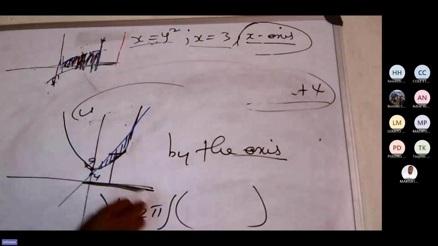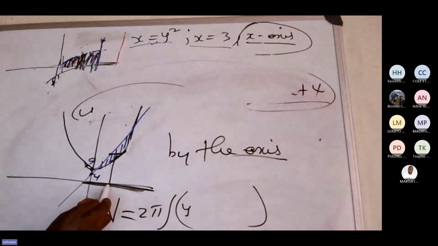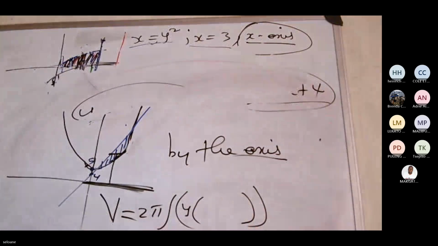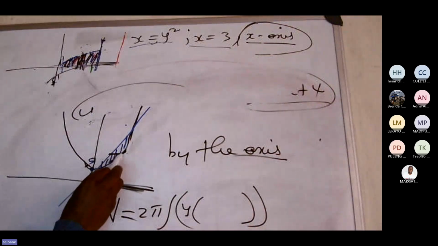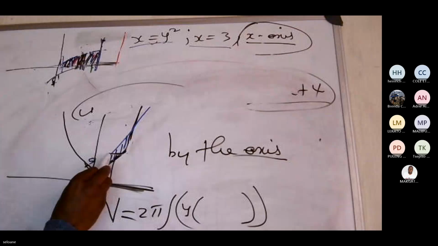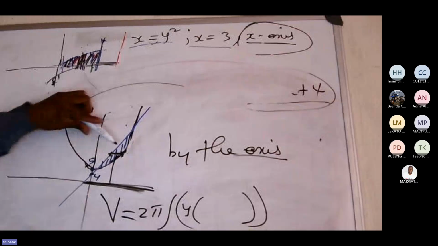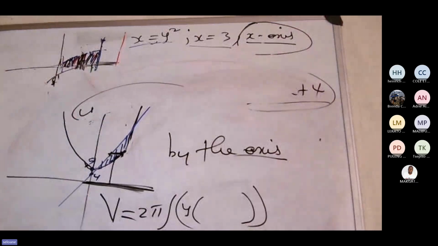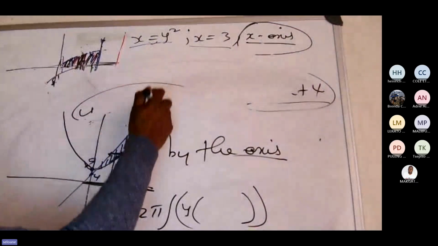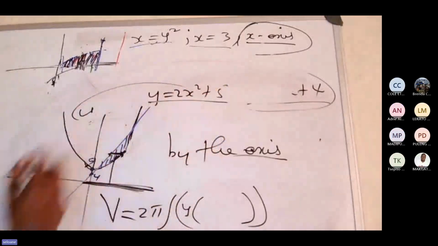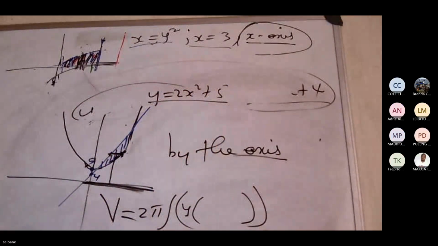So what is y here? 0. Then multiplied by what? This now. And what is this? It's x here minus x here. It will be x here because it's on the parabola. Then it will be y equal to 2x squared plus 5. Then you make x here the subject of the formula.